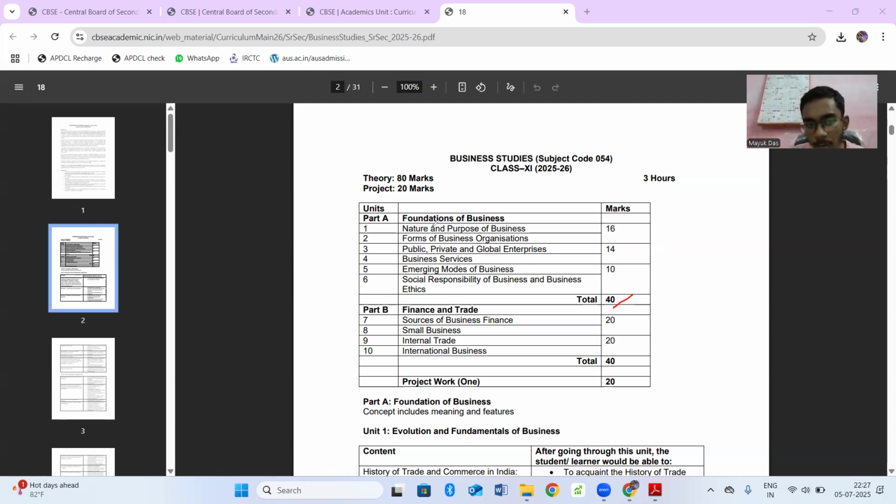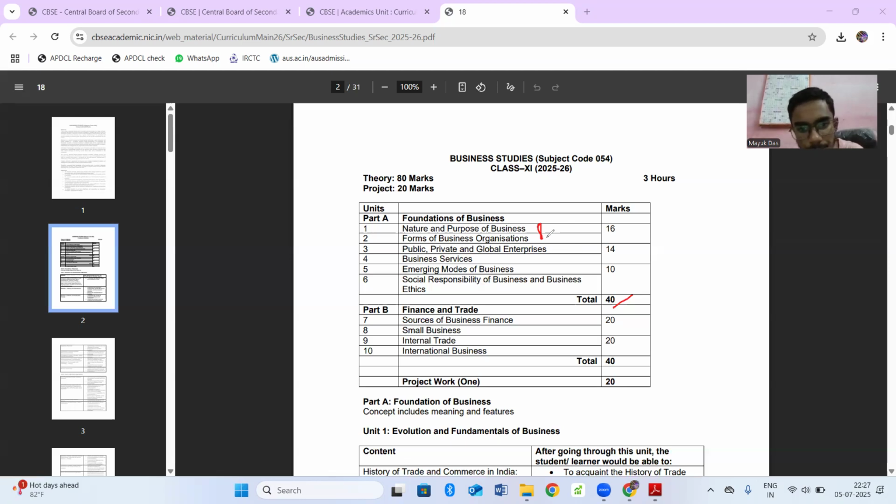Chapter one is nature and purpose of business, and chapter two is forms of business organization. These two chapters together will consist of 16 marks. That means chapter 1 will carry 8 marks and chapter 2 will carry 8 marks.